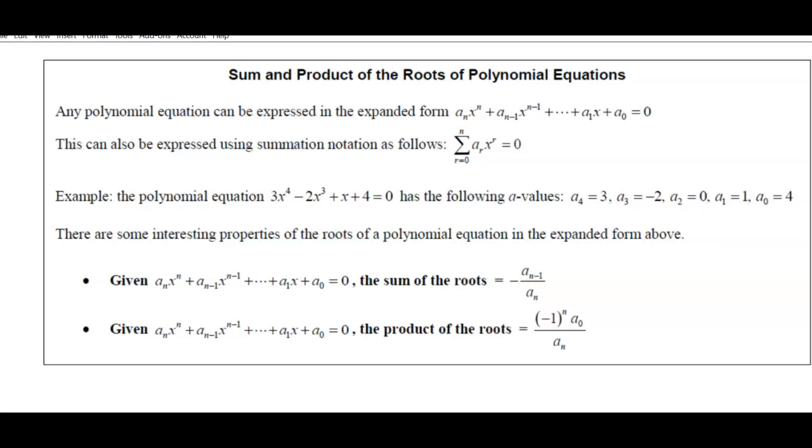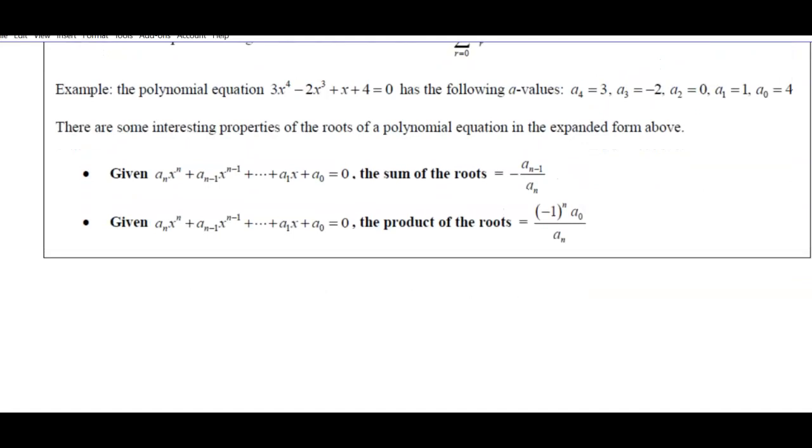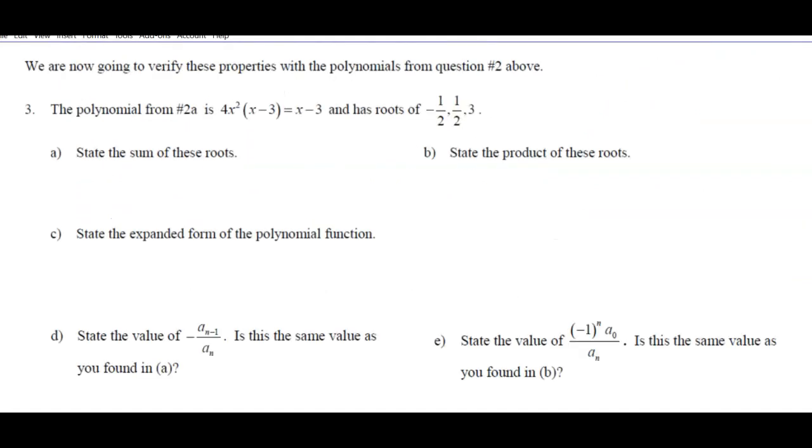Product of the roots: if you take the product of all the roots, it's equal to -1 in brackets to the exponent n, whatever the degree is, times the constant term divided by the leading coefficient. We can use this to find some missing coefficients of polynomial expressions, and that's what we're going to do. Again, you don't have to memorize it, but it might be helpful to you.